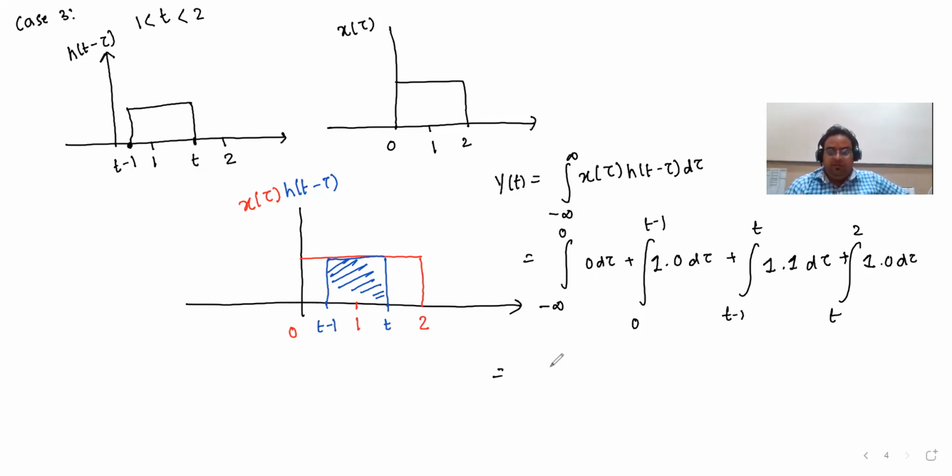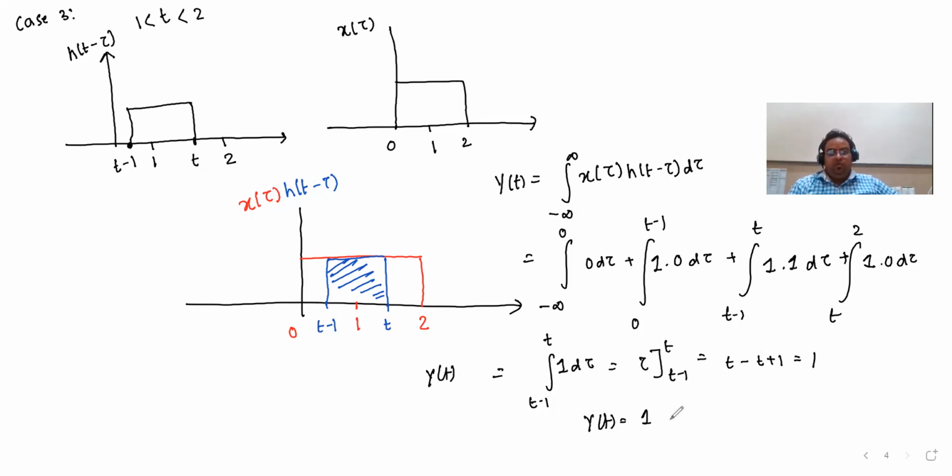So essentially we will be left with simply the integral of 1 d tau from t minus 1 to t, which becomes tau evaluated from t minus 1 to t, so we get t minus (t minus 1), which is 1. This is y of t. So in the region when t is between 1 and 2, y of t has a value 1.